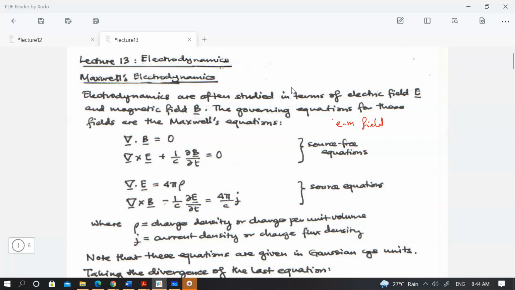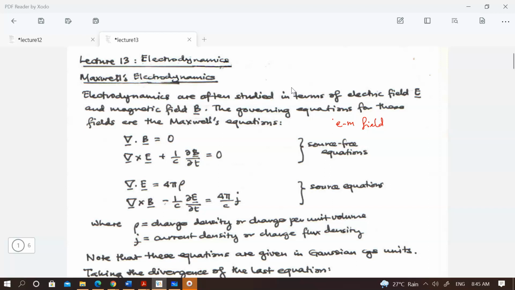So these are the source-free equations of your Maxwell equations, and then you have the other one, which is the divergence of your electric field. In a way, this is like swapping your magnetic field with electric field, and in this particular case, your electric field being swapped with a magnetic field. Your divergence of electric field depends on whether there's charge or not.